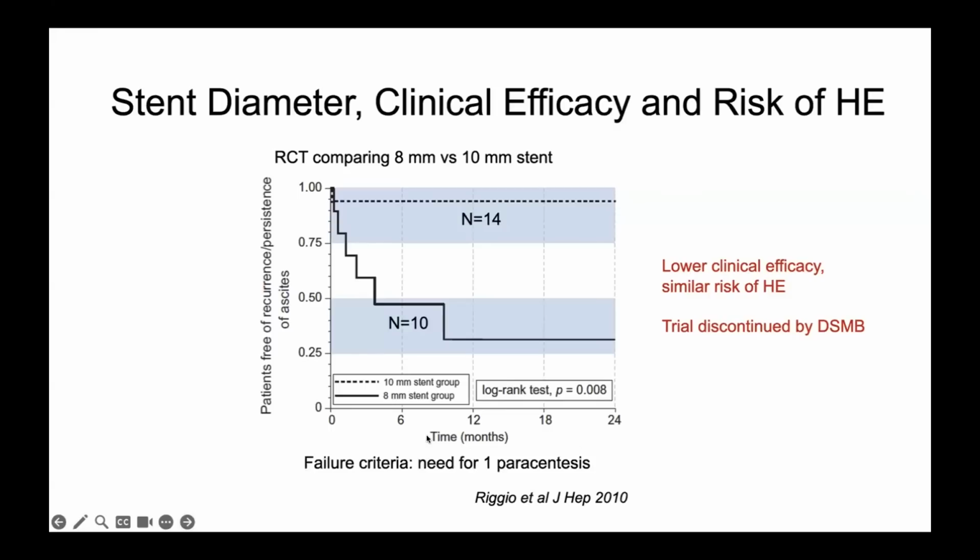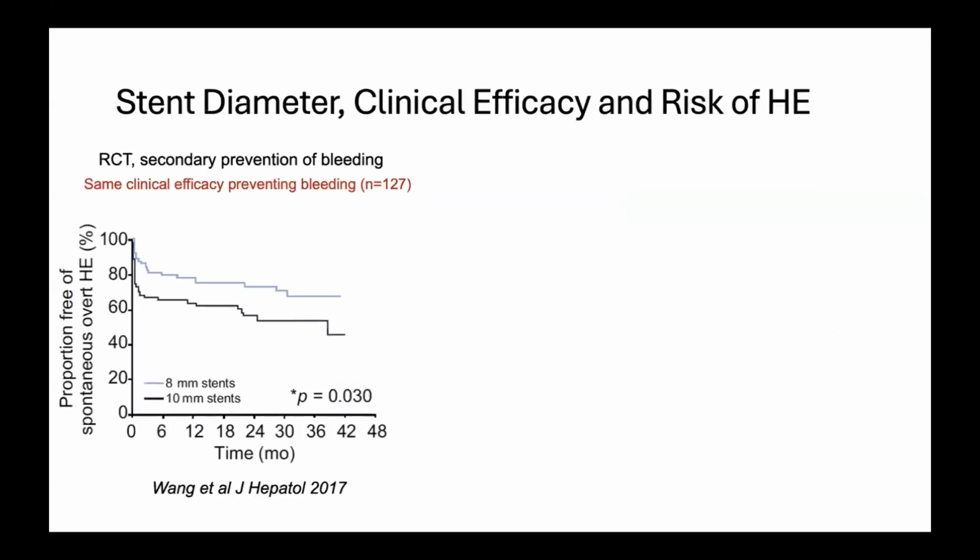But the main endpoint of the trial was the need for one paracentesis, and as I showed before, it takes time for TIPS to be effective. So just considering failure after one paracentesis, probably was not the best way to analyze this trial.